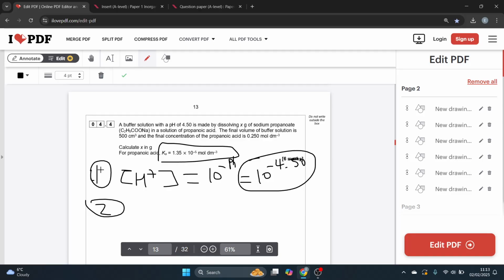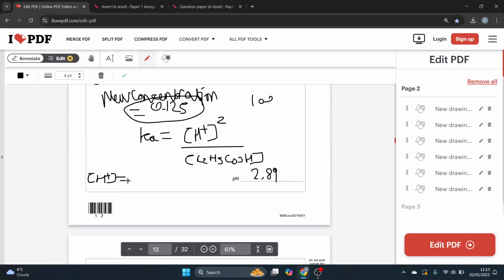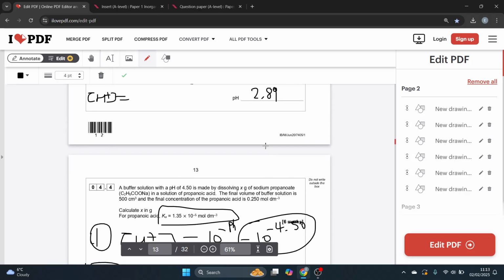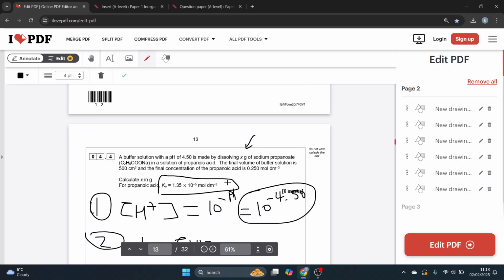Now I need to really understand what's going on. A buffer solution is made by dissolving sodium propanoate in a solution of propanoic acid. The final volume of the buffer solution is that, and the final concentration is that. Calculate X in grams. So what I need to find out is, if I do the Ka expression again, in this case it's not pure, so Ka is not equal to concentration H plus squared, because I'm dissolving it now in some sodium propanoate.